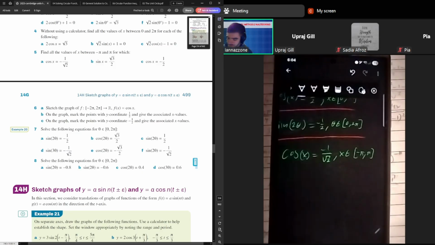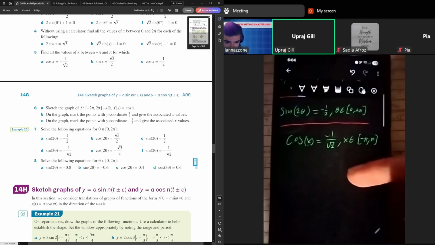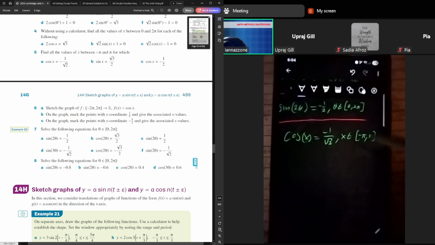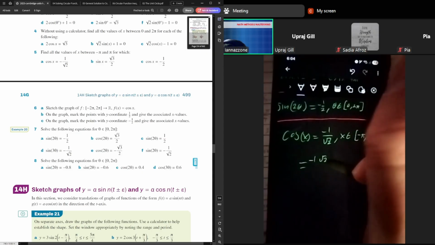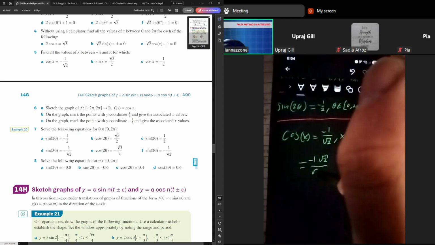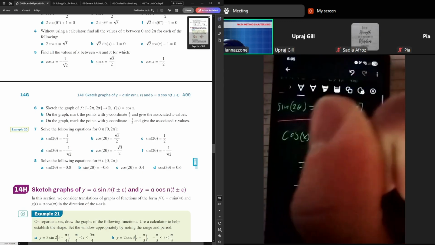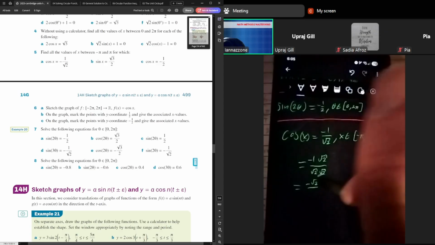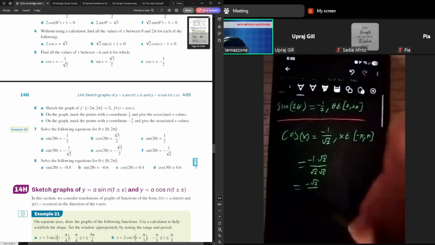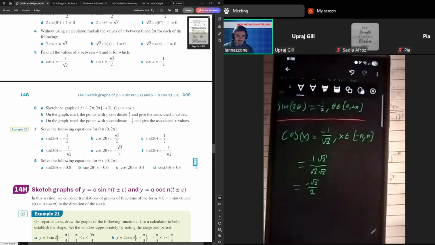How do we do that? We'll just multiply by root 2 over root 2. That's it. So now we're going to have negative 1 times root 2 over root 2 times root 2. We're just chucking a root 2 in the top and bottom. And then from here, negative root 2 on top. And whenever you have square roots, same value, they just cancel down. Now suddenly, you can spot that on the unit circle.